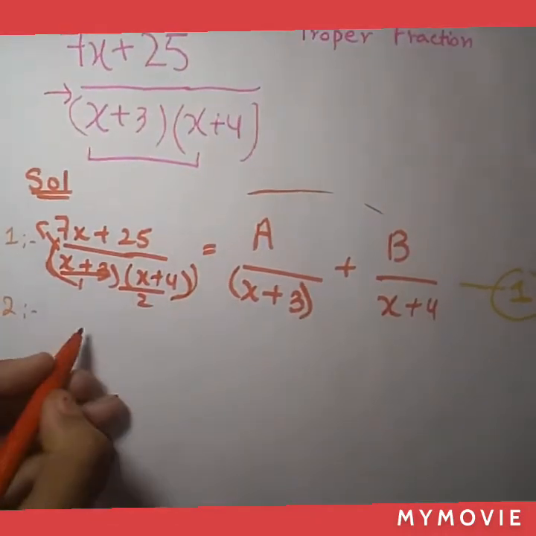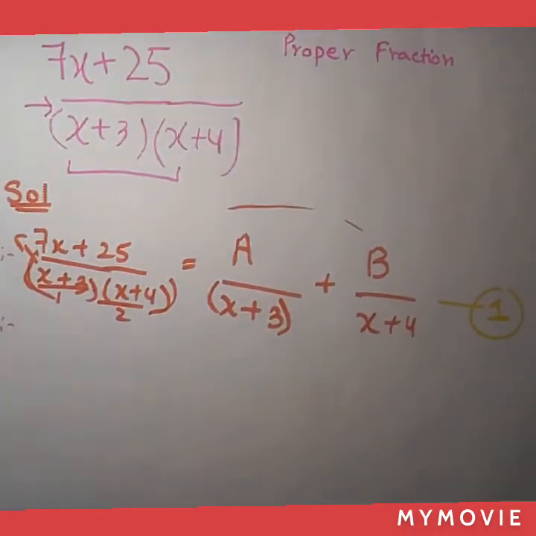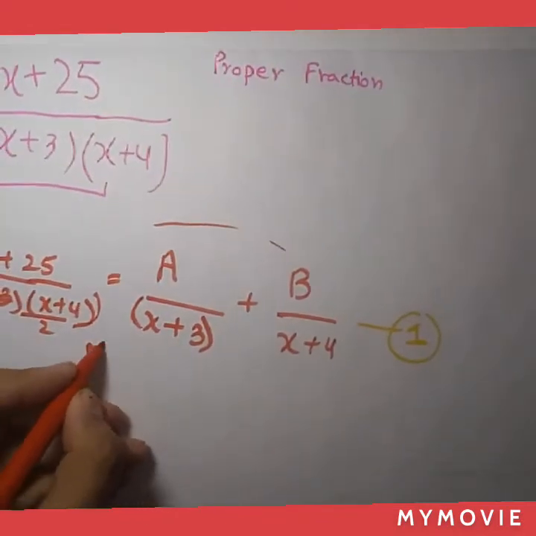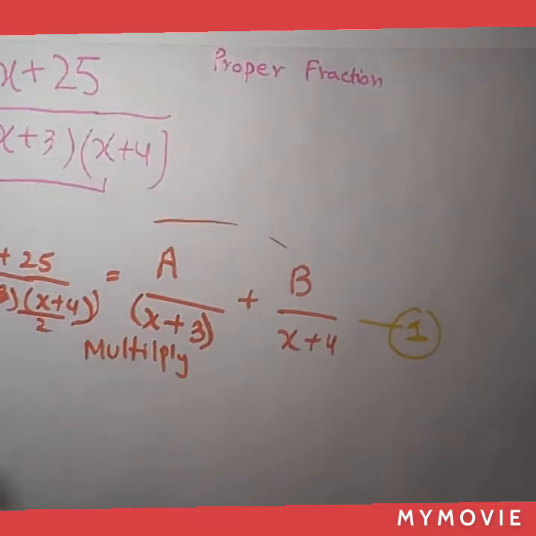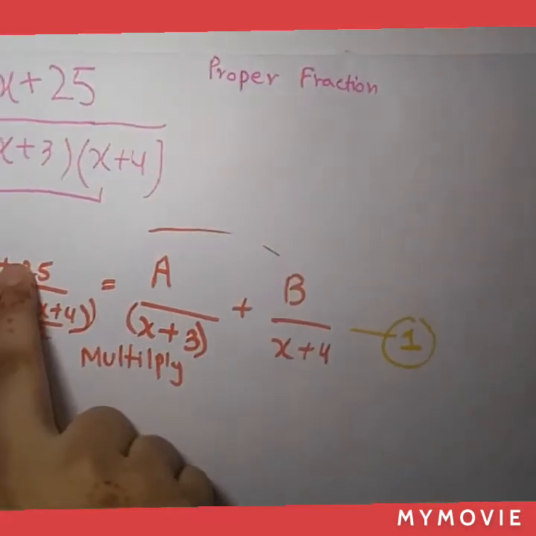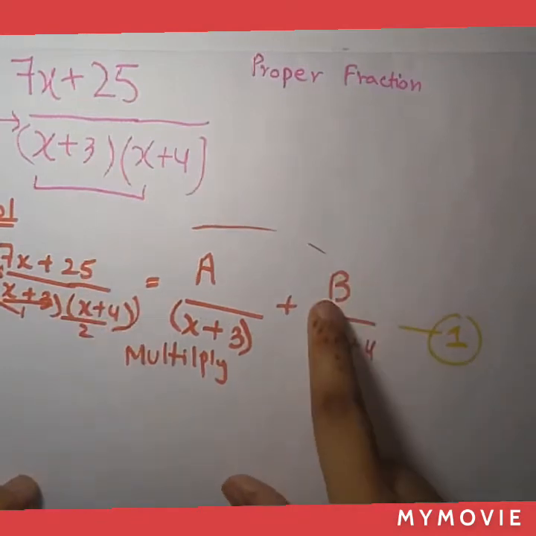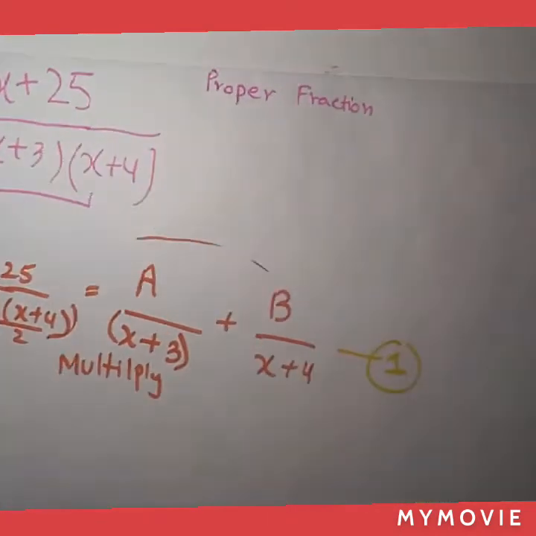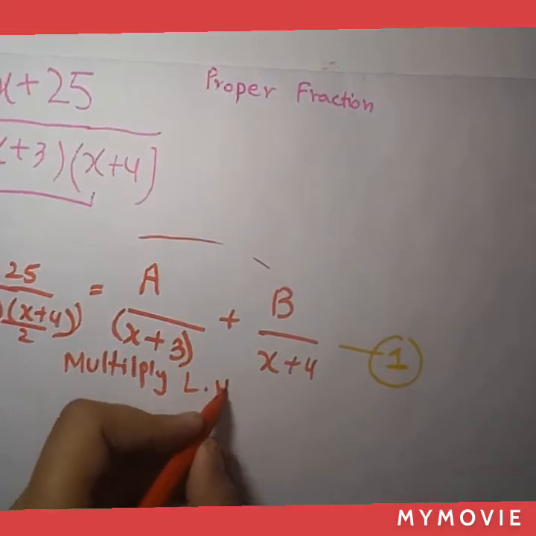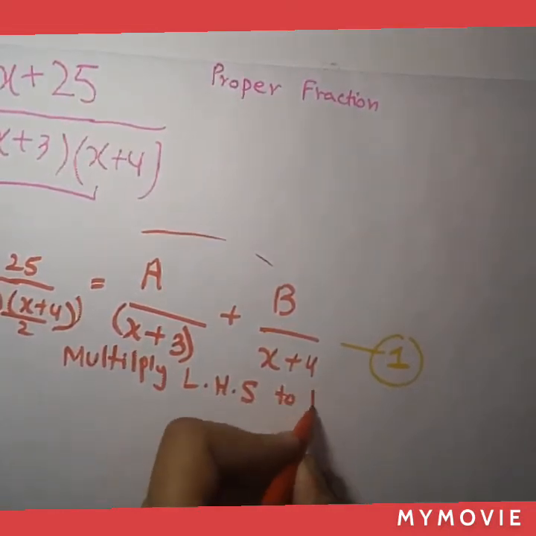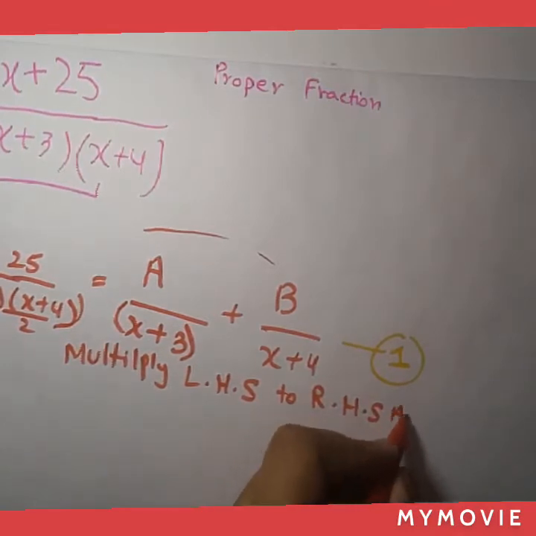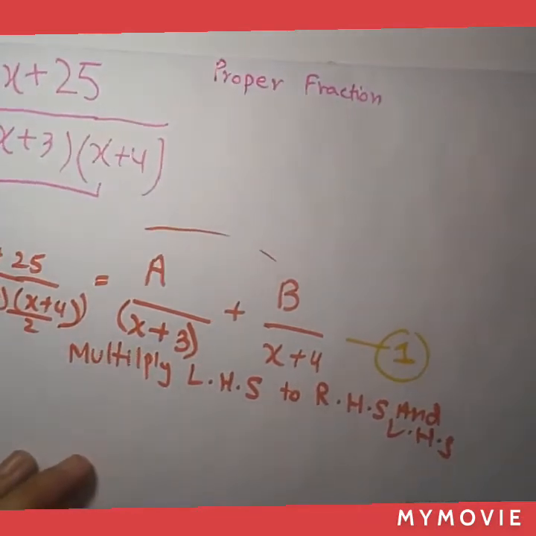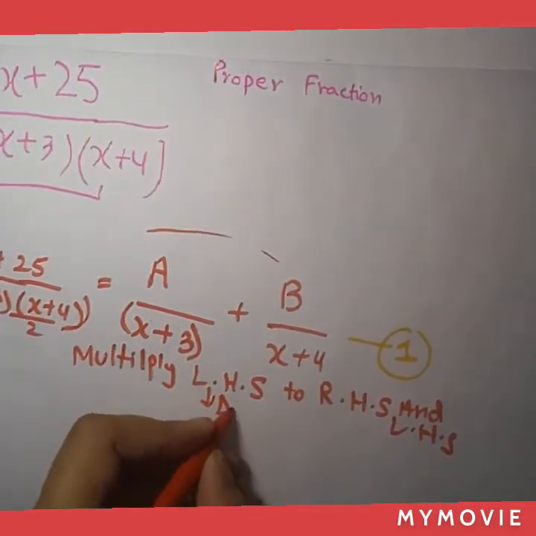After multiplying it, you have to write it. This side is always the left hand side and this side is always the right hand side. Multiply left hand side to right hand side, and the denominator from the left hand side.